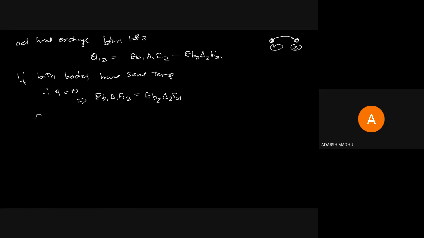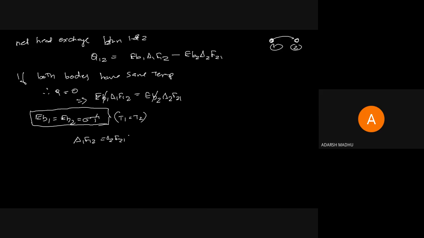So EB1 equal to EB2 equal to sigma T raised to 4. രണ്ടും സെയിം ആണെങ്കിൽ EB1 equal to EB2 equal to sigma T raised to 4. രണ്ട് ടെമ്പറേച്ചർ ഒന്നാണെങ്കിൽ സിഗ്മ T1 raised to 4ഉം സിഗ്മ T2 raised to 4ഉം ഇല്ല, which means T1 equal to T2 അല്ലേ. T1 equal to T2 ആണെങ്കിൽ we can write EB1 equal to EB2 equal to sigma T raised to 4, right? So EB same ആയതുകൊണ്ട് കട്ടാക്കാം.